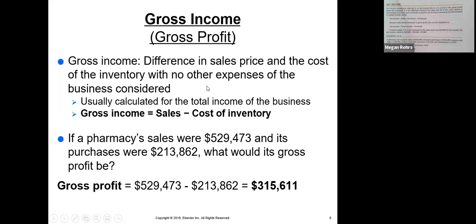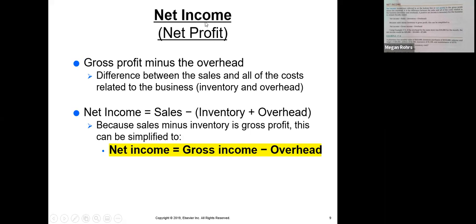Now it's important to keep the difference between gross income and net income straight. So make sure you understand these equations here. So when we calculate net income, we do now include all of those other costs of running the business. So the net income is actually how much the business is actually making at the end of the period in which we're calculating for.